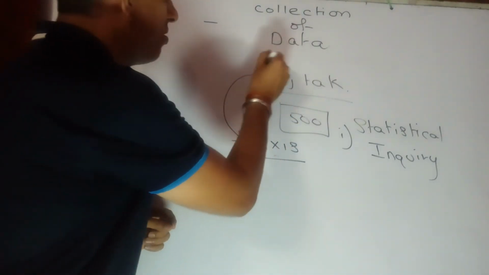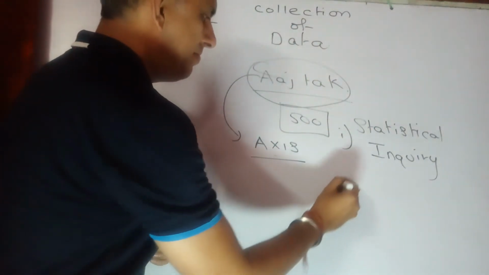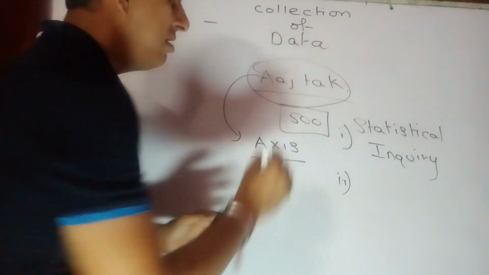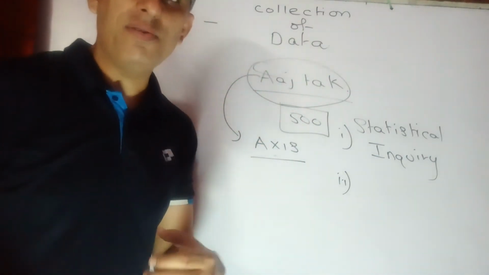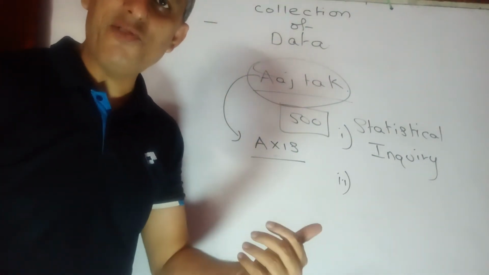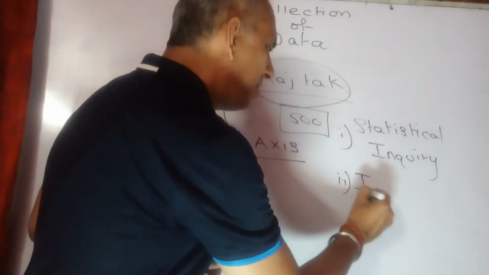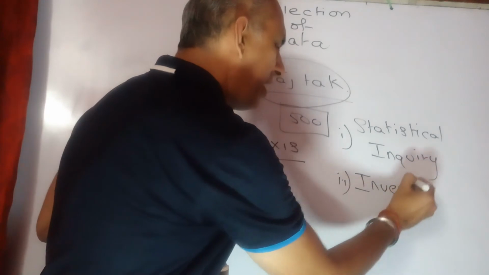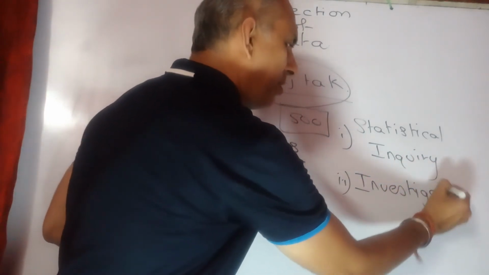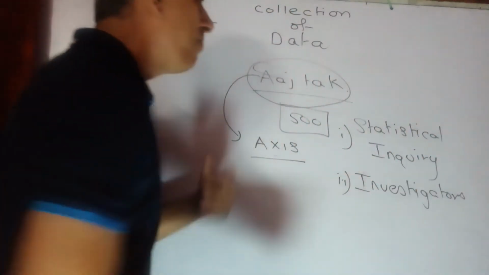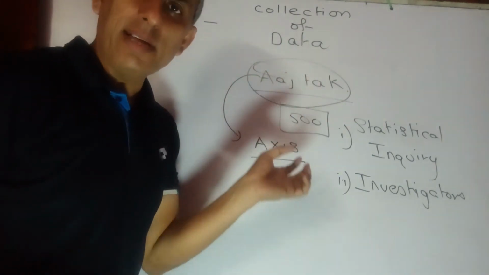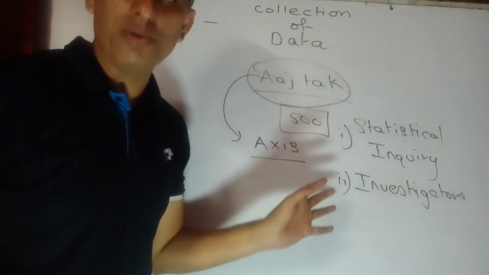One which planned it, Aaj Tak, which came up with the idea of identifying this information and conveying it to the people concerned. They are the ones referred to as investigators. They are the ones who plan the inquiry. They can also conduct it on their own, right?